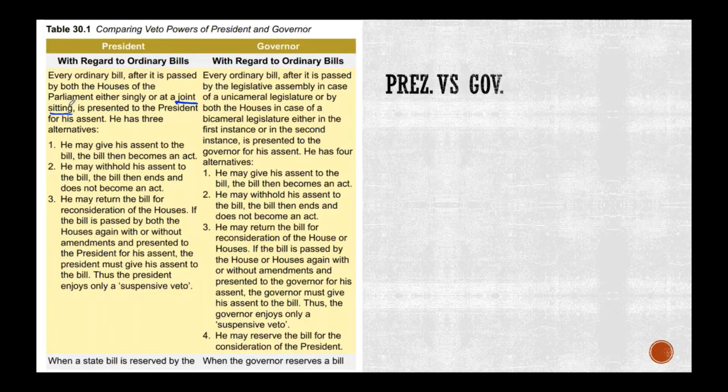And for that deadlock, the president can call for a joint sitting in which both the houses will sit, and then the votes are going to be 255 or whatever that number is currently, plus your 543 or the exact number of members who are there in the parliament at the moment. And because it's an ordinary bill, it's going to be with a simple majority.